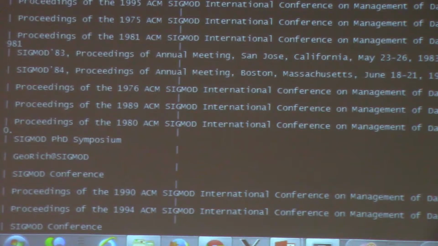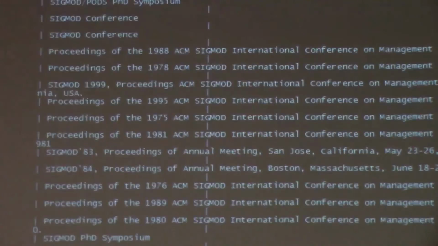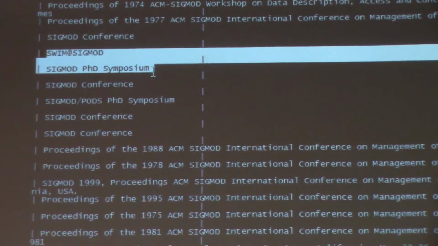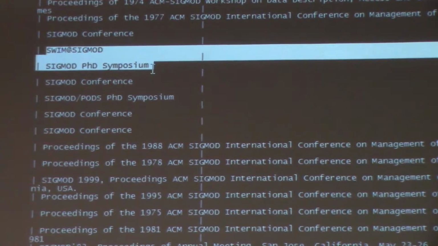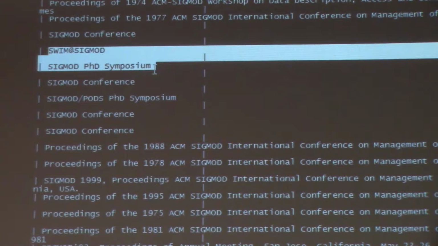So you got things like this. Do you know this? These are not the Sigma conference itself, but different kinds of workshops or small group discussions that are attached to the Sigma conference. You see that? So how do we get rid of that?